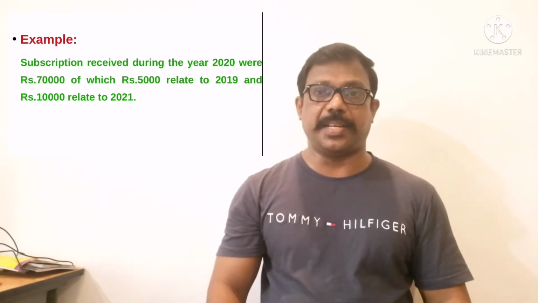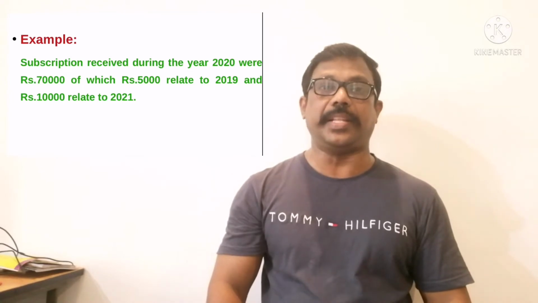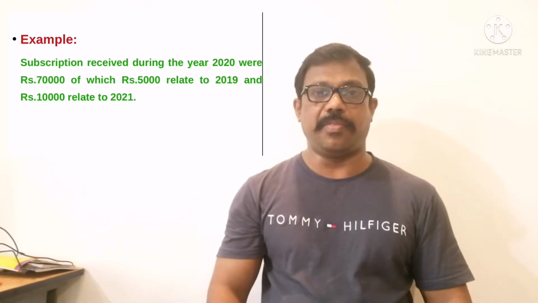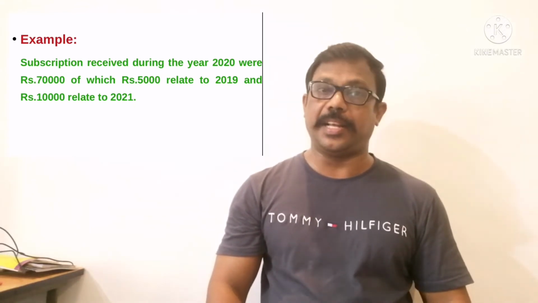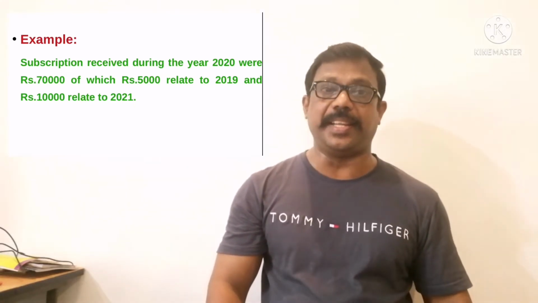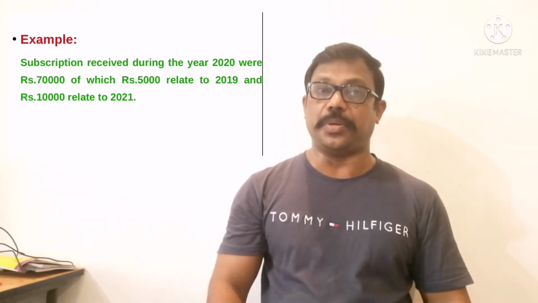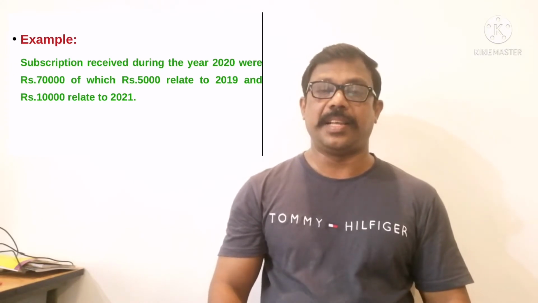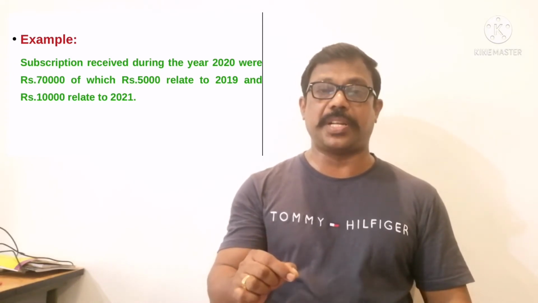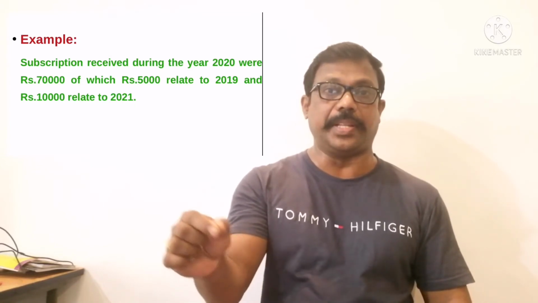For example, subscriptions received during the year 2020 is rupees 70,000, of which rupees 5,000 relate to 2019 and rupees 10,000 related to 2021. In this case, the amount of subscription will appear in the receipts and payments account at rupees 70,000.